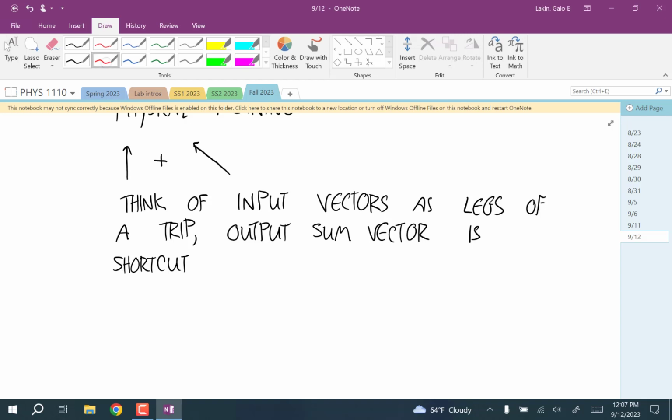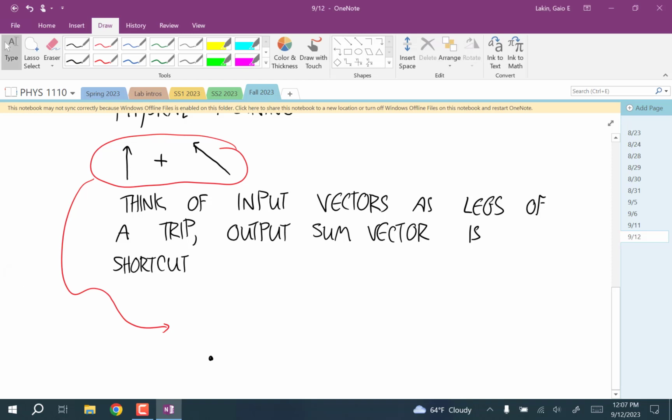So for this example here, a trip, you'd start somewhere, right? So I'll just choose this point. You take one of those vectors, it doesn't matter which one. And now you're at this intermediate point where you have lunch and check out the amusement rides or whatever. And then from there, you do the second leg of the trip.